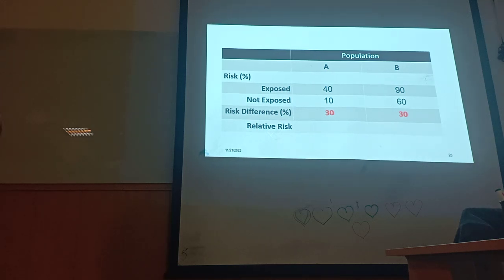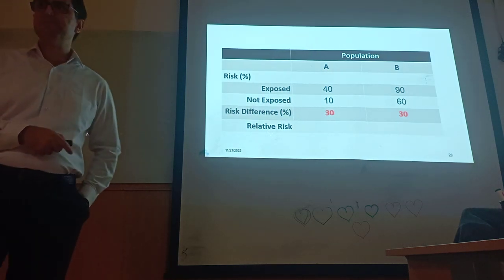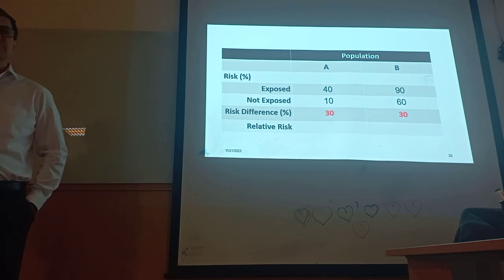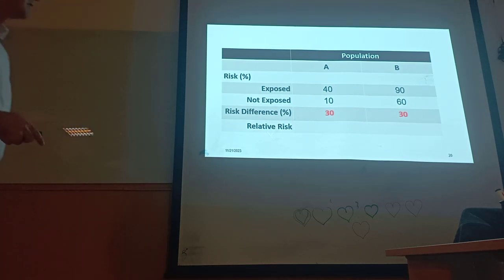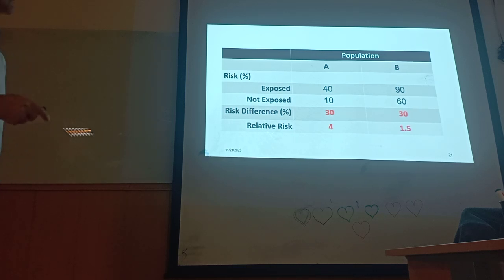What about the risk ratio, the relative risk? It will be different: 4 for population A, and 1.5 for population B. So which one is better?